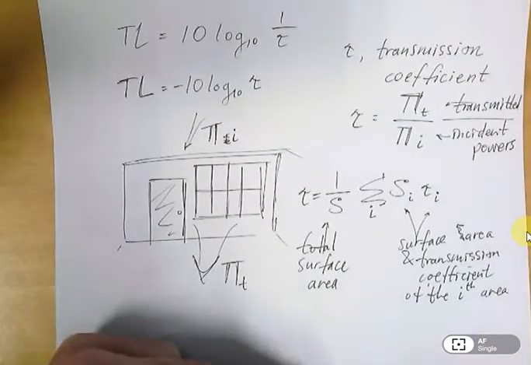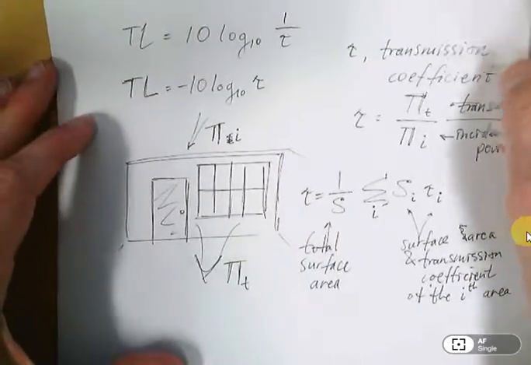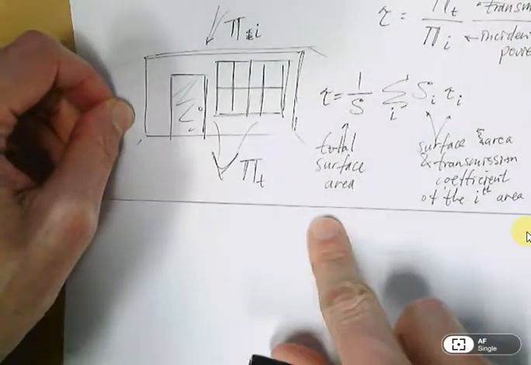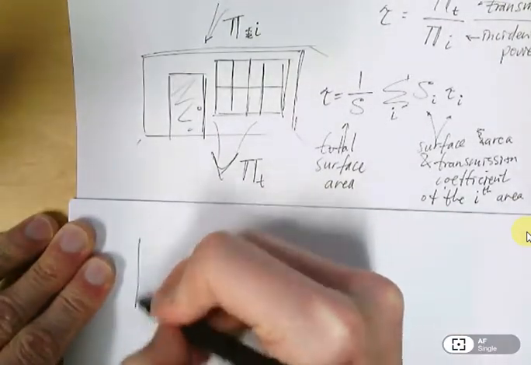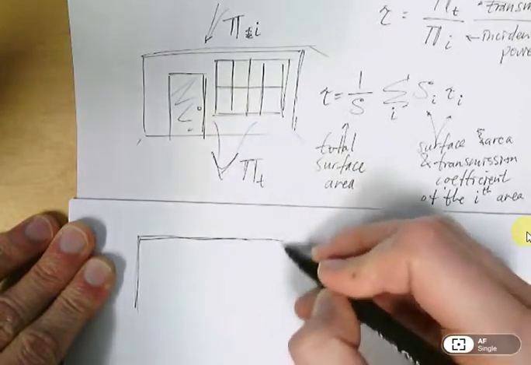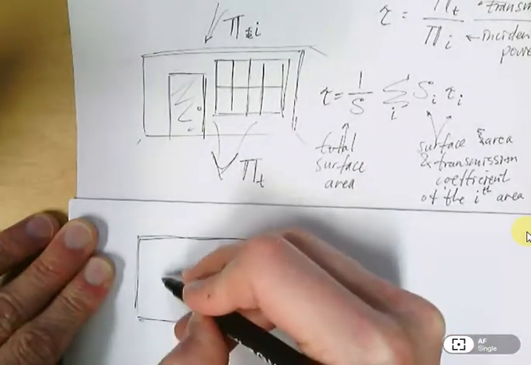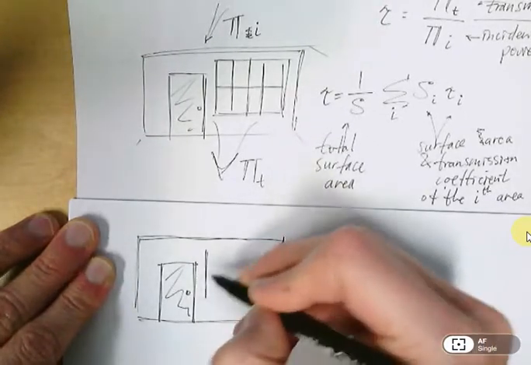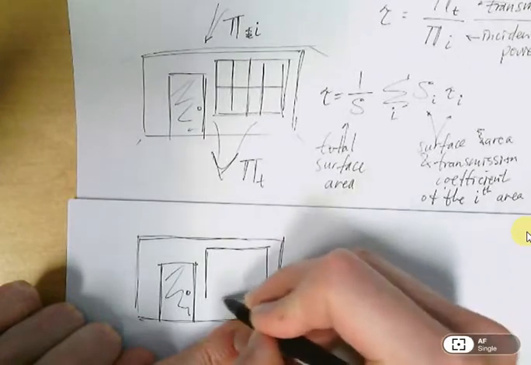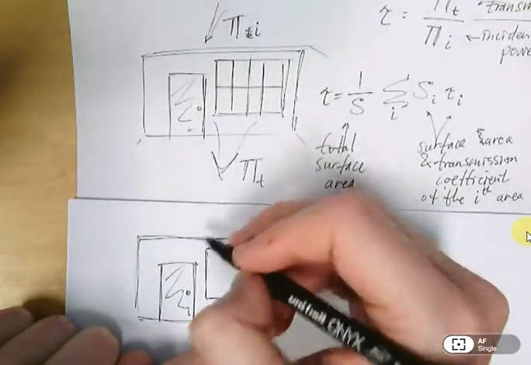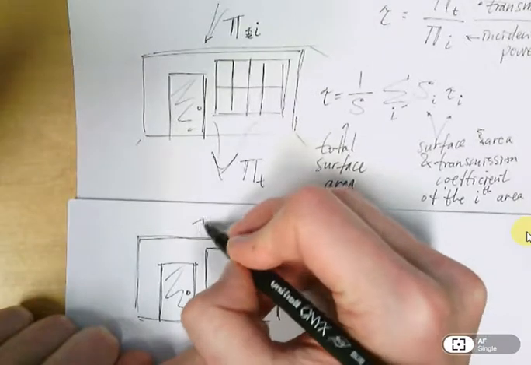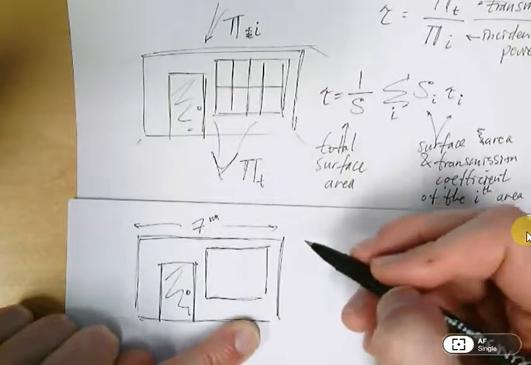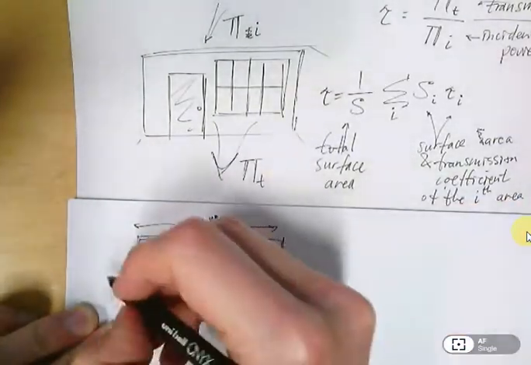So let's consider a specific example where we will have a front-facing wall with a door and a window. Let's say that our overall span of that wall is 7 meters and height is 4 meters.